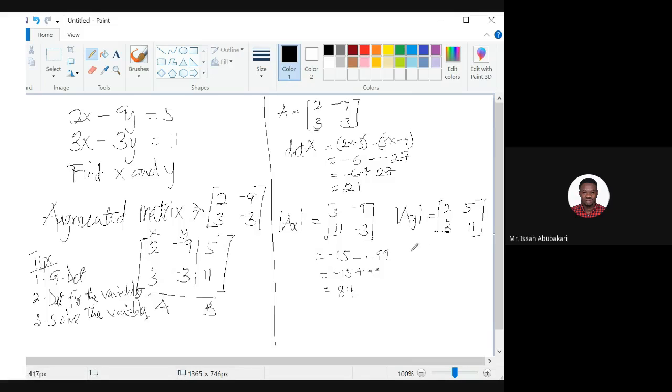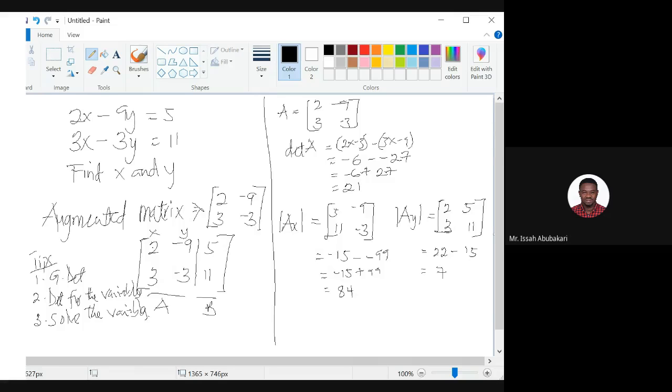And then our answer should be 2 times 11 is 22 minus, this time this is 15. So at the end, our answer should be 7.